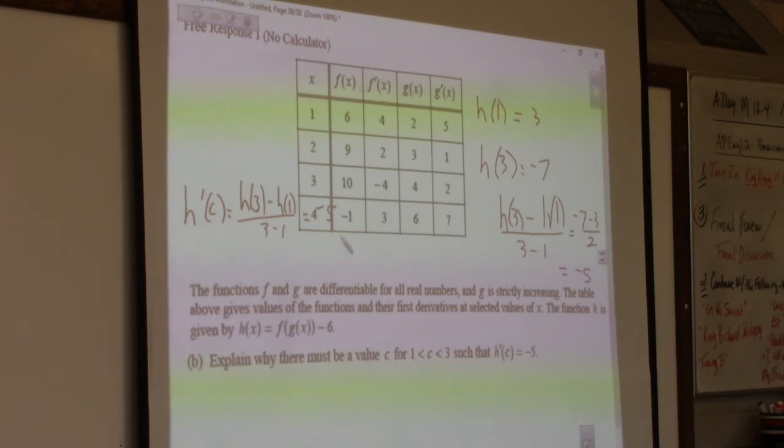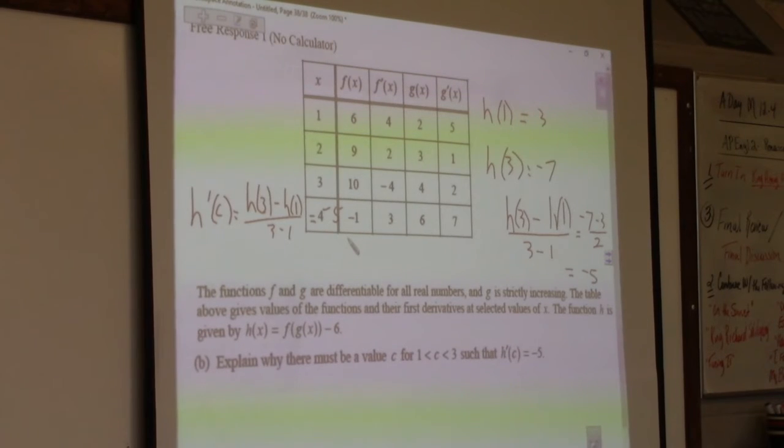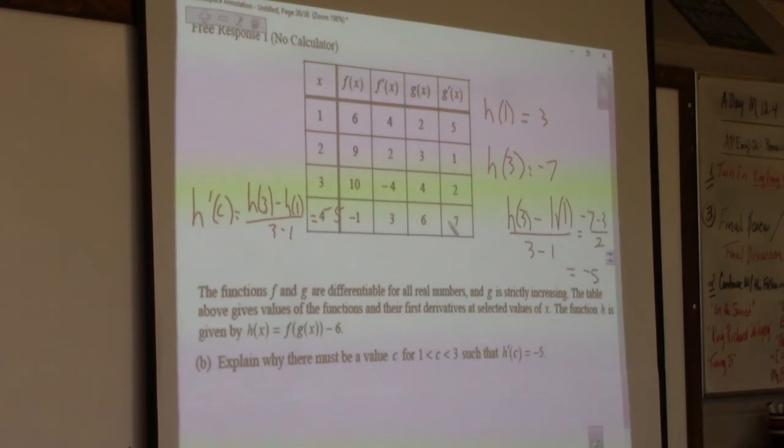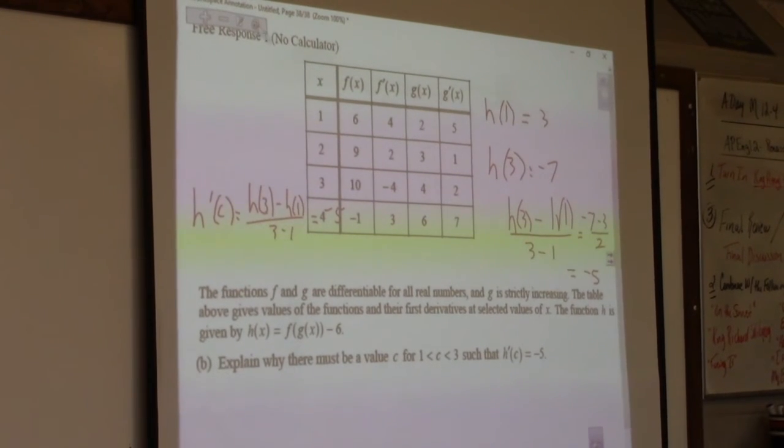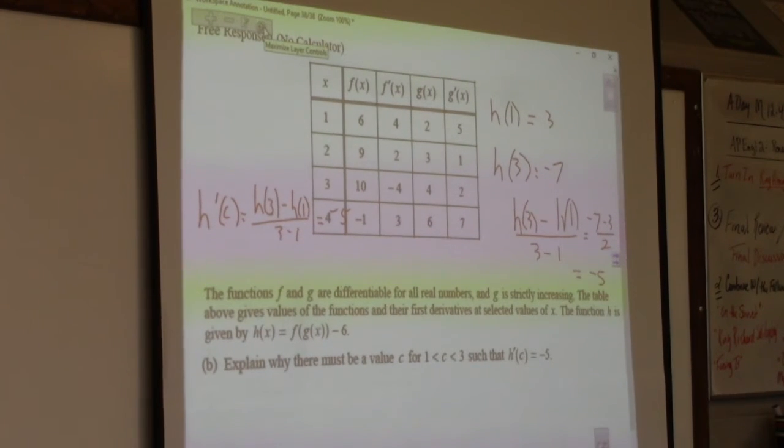And since the average rate of change over 1 to 3 is negative 5, then h prime of c must equal negative 5 for some value c in between 1 and 3. All right, questions on either one of those parts? So there's the math, but you've got to be able to put it in your own words to be able to explain what you know and why you know it.